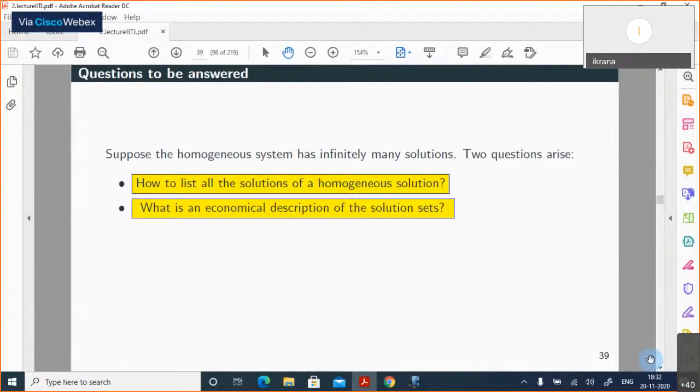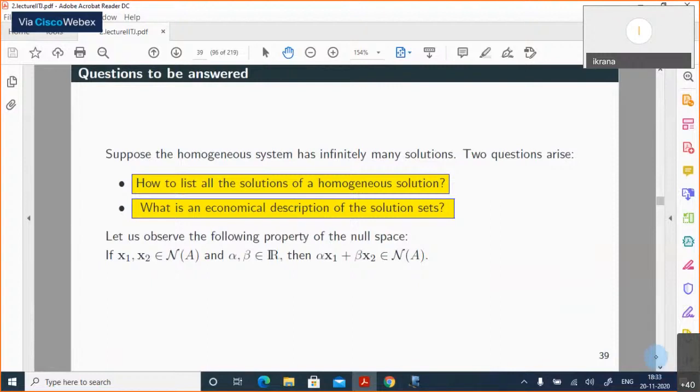To do that, let us make an observation that the null space has the following property: if x1 and x2 are in the null set N of A, then alpha x1 plus beta x2 is also in the null space.